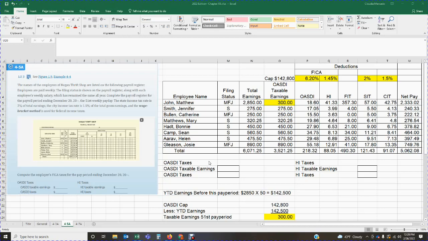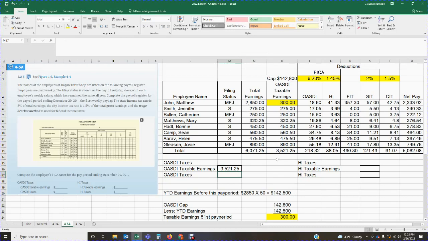So, what is my OASDI taxable earnings for the employer? For the employer, it's going to be that $35,21.25. How much is taxable? For purposes of my employee and my employer, the same amount will be taxable. Only $300 will be taxable for Matthew. Everybody else, everything will be taxable.